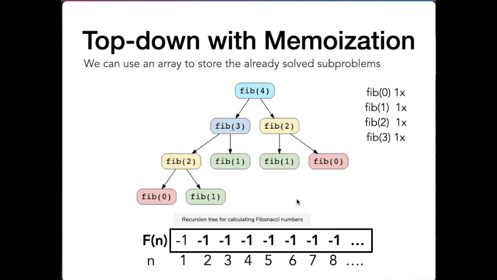With this implementation, we can make sure that there are no repeated calls to fib of i, thus reducing the total number of computations necessary to compute fib of n. The computation stops if fib of n is already computed.